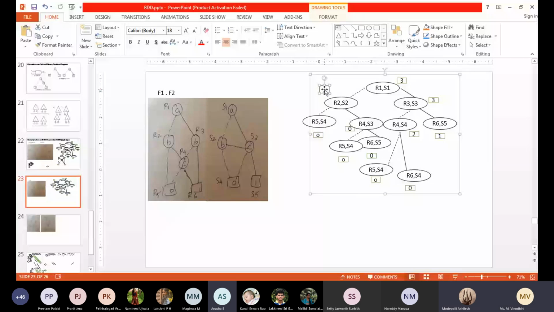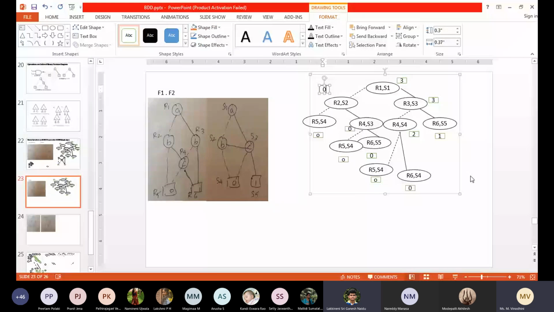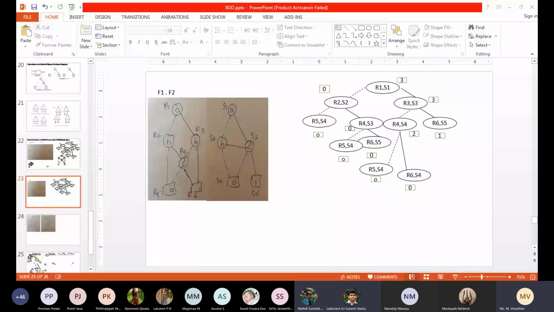This is 0. R6 S5: R6 is 1, S5 is 1, so 1. Ma'am, beside R5 S4, on the left side, 1 is there, ma'am. R5 is 0, R5 S4 is 0.